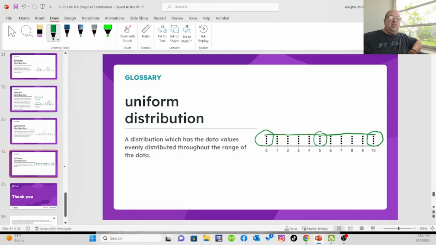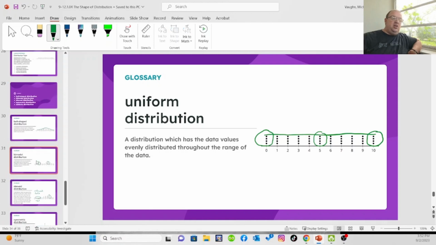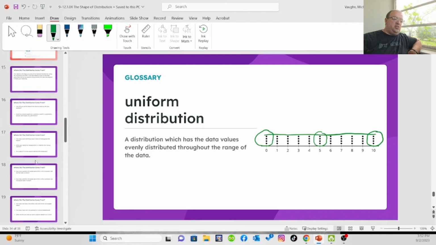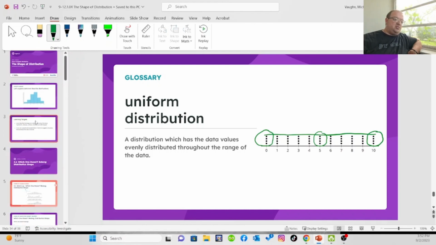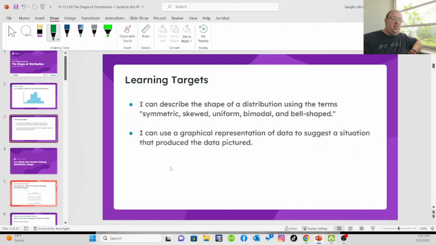So, I hope that you are comfortable. If we go back and look at our learning targets, at this point, can you describe the shape of a distribution using the 5 terms we talked about?